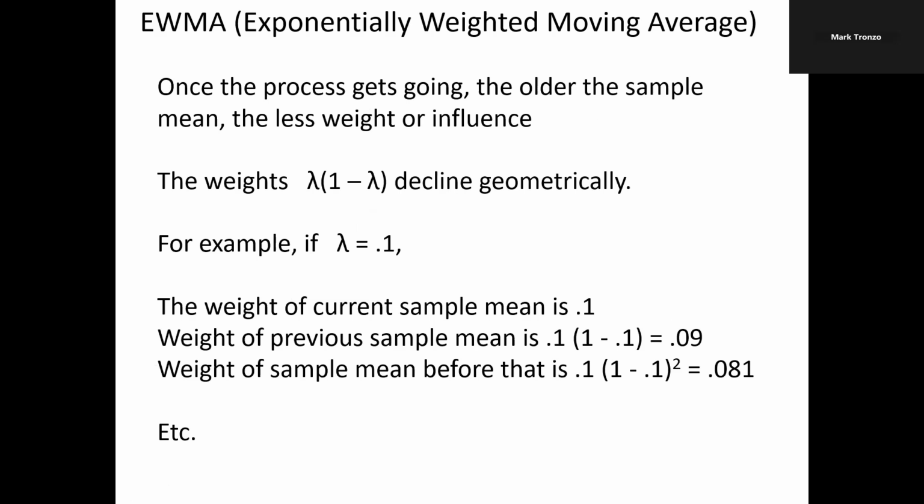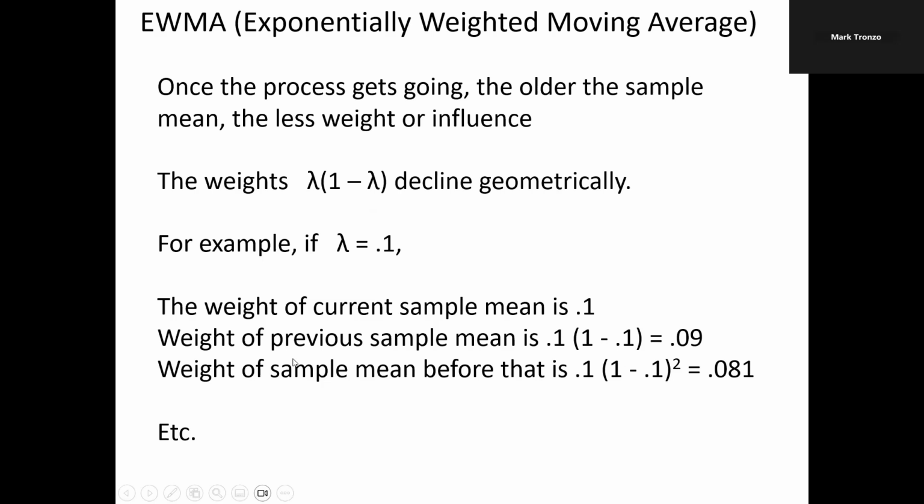Now, once the process gets going, as I mentioned, the older the sample means, the less weight or influence they'll have. They actually decline geometrically. For example, let's say we set lambda equal to 0.1. The weight of the current sample mean is going to be 0.1 when you look back at our equation.